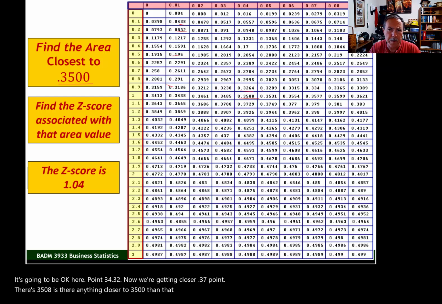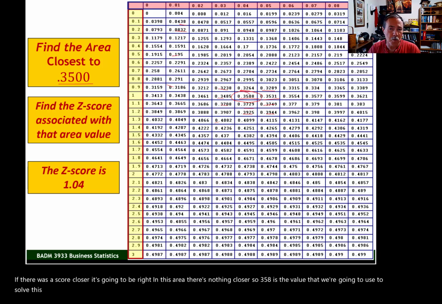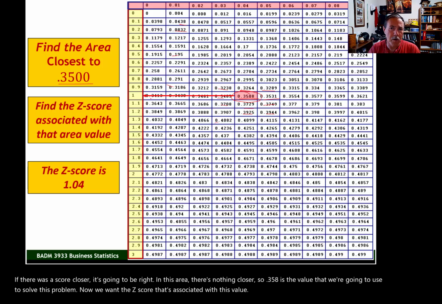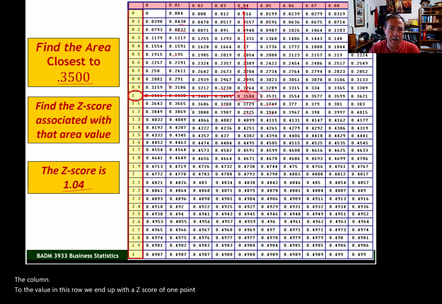We look at the values in the immediate area, and there's nothing closer. So 0.3508 is the value we're going to use. Now we want the z-score associated with this value. Look to the left in the row and up the column, and we end up with a z-score of 1.04 associated with this area.